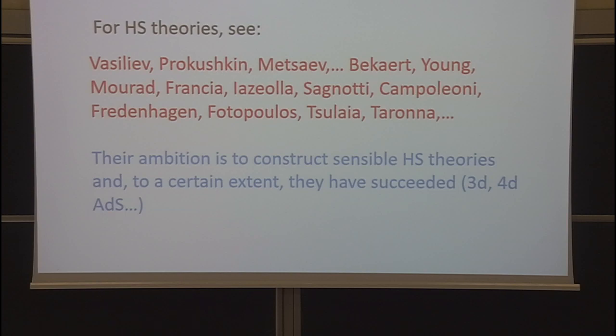And this is one of the big problems that many people, like the ones mentioned, have been trying to solve. Sometimes they did. They solved it in some explicit examples in 3D and 4D AdS. But there seems to be, well, much still to be done.